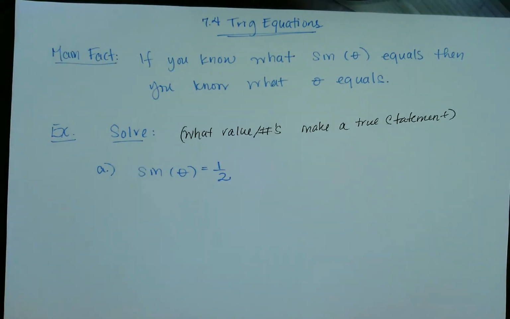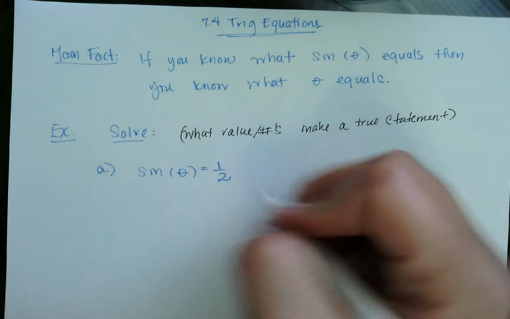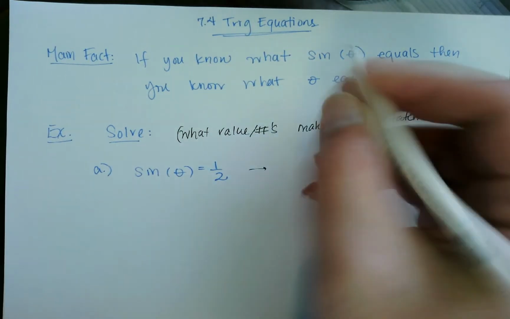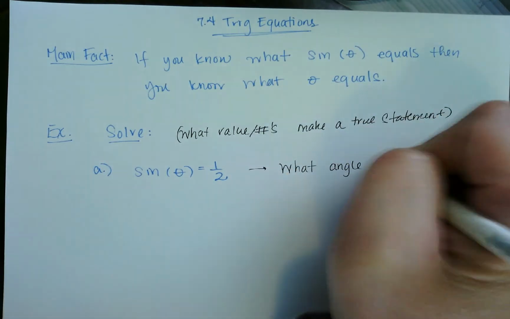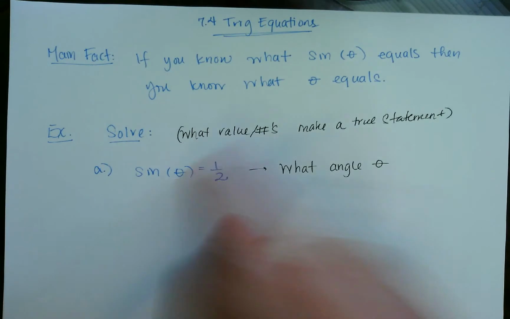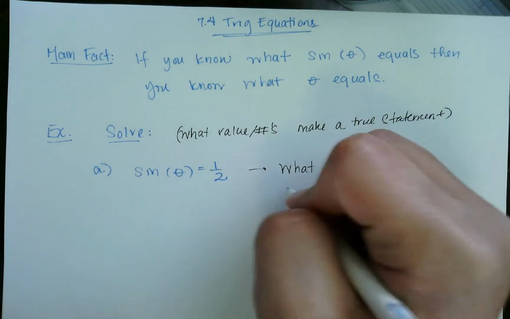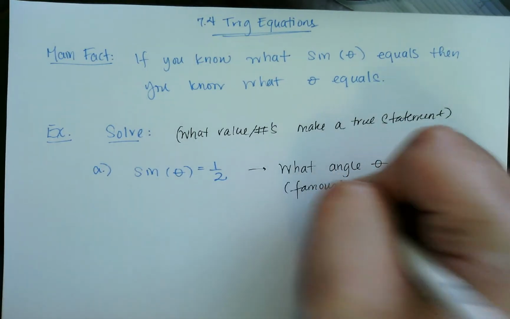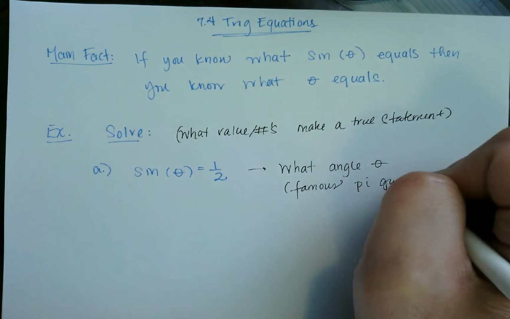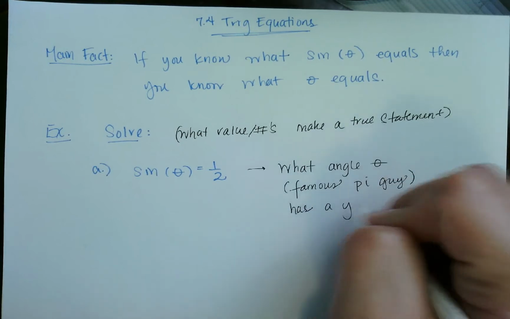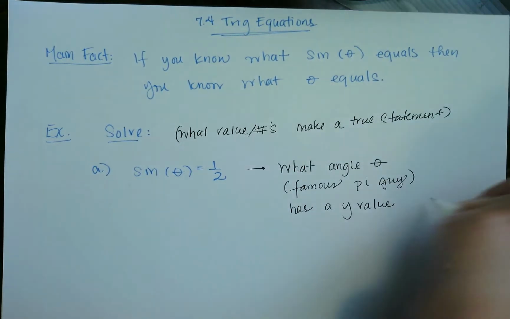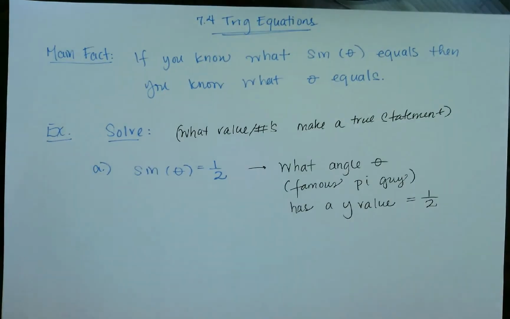This is saying what angle theta, because remember you always plug in angles into trig functions, or famous pi guy, has a y value, because sine is y, equal to 1/2. So we're trying to find what angle has a y value that equals 1/2. So where do we find that at? The unit circle.